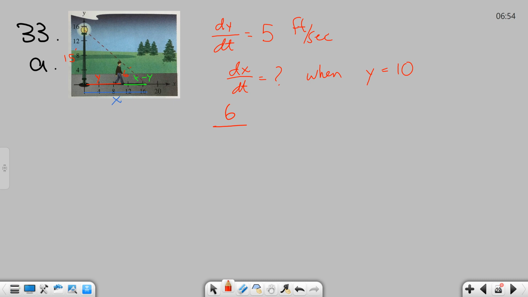Therefore, my equation becomes a similar triangle setup. The height of the man over the height of the lamppost is equal to the length of the man's shadow over the length of the shadow to the lamppost, which would be x.